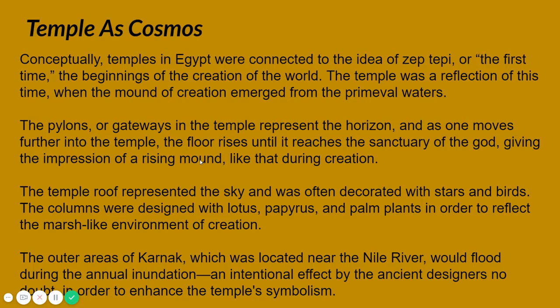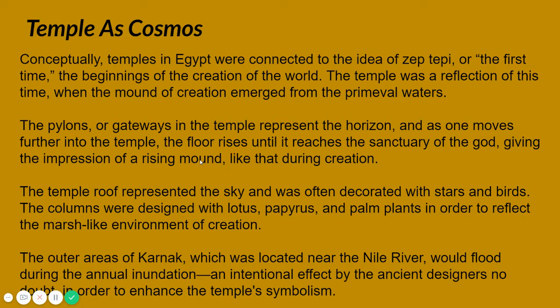Then you have the temple roof. Remember that the hypostyle hall is all these columns and a flat roof. Well, the temple roof would represent the sky, and because everything was very colorful and painted, the top of the ceiling would be decorated with stars and birds, representative of the heavens.